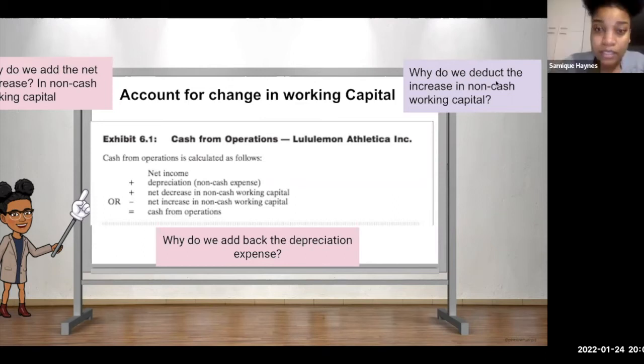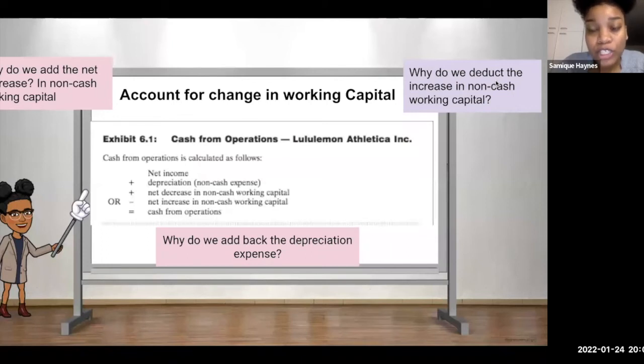Exactly. Thank you. So when you deduct depreciation in your income statement to arrive at your net income, that's okay for us to do. But when we're creating a cash flow statement, we only want to look at things that have an effect on cash.